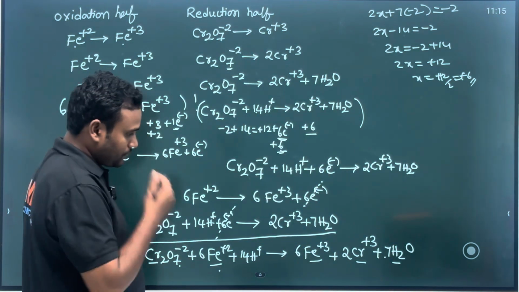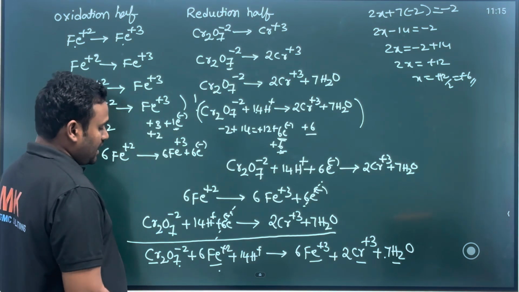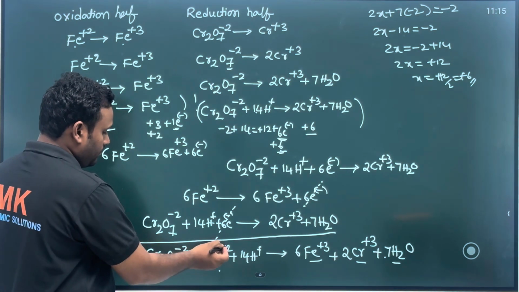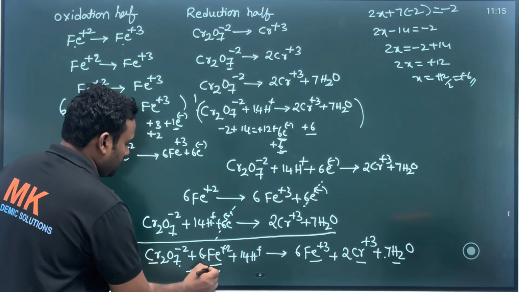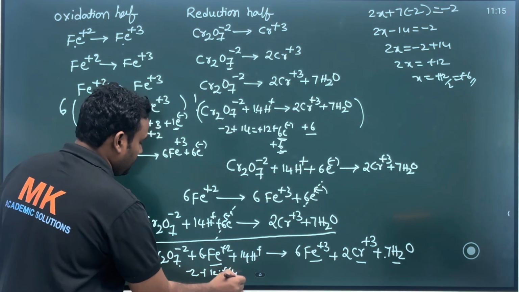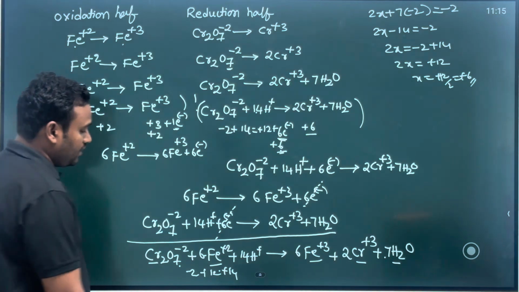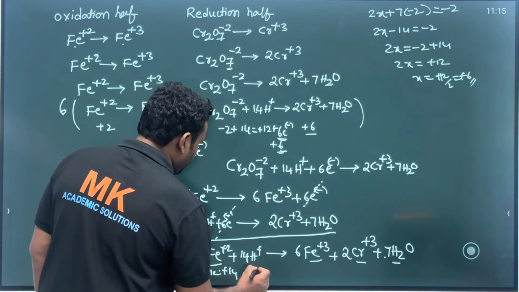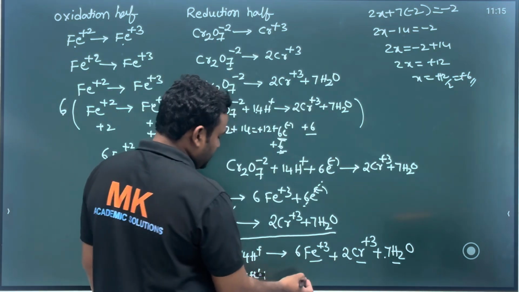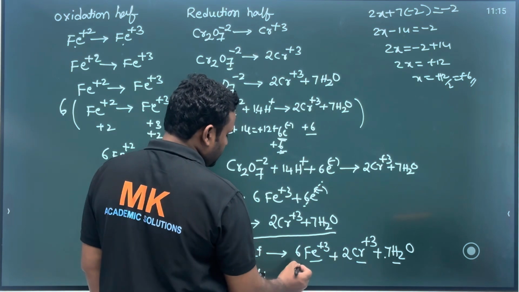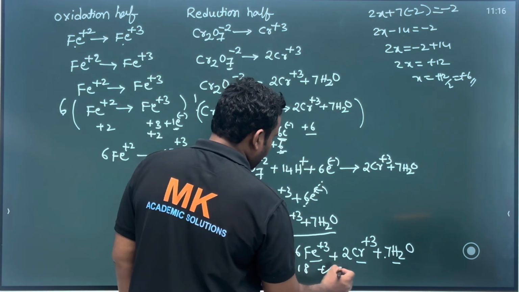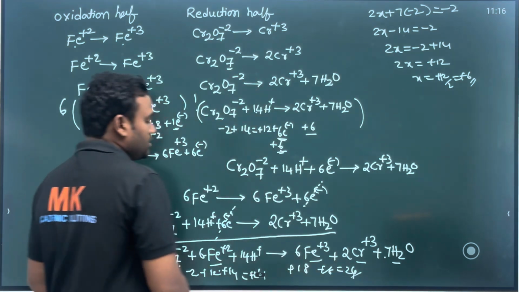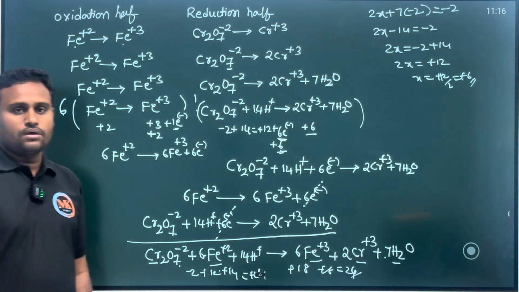Next, charges: minus 2 plus 6 into plus 2, that is minus 2 plus 12 plus 14, total 24 on the left. On the right, 6 into plus 3 is 18, and 2 into 3 is 6, plus 6, also 24.